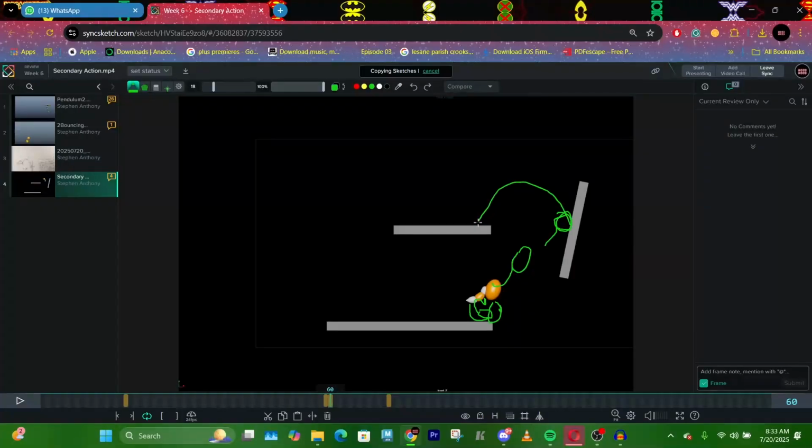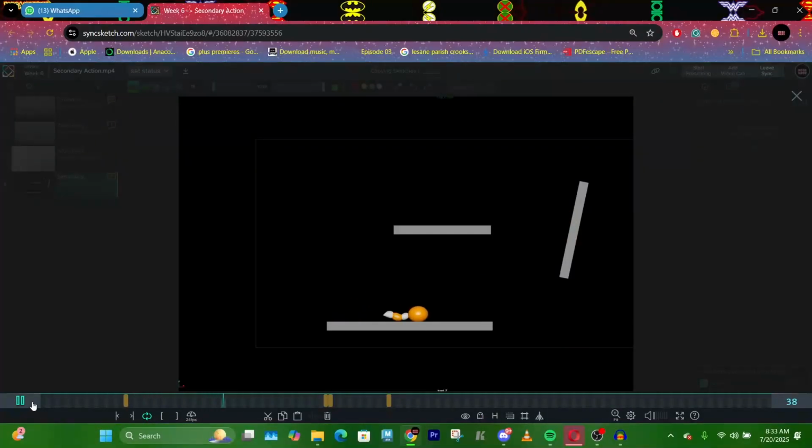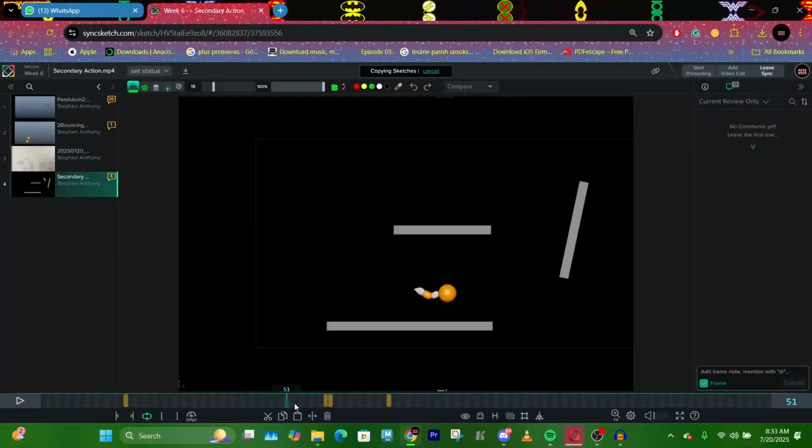So from here it can be fast. You should have contrast in your timing. What I mean is that if it is slow here, by the time it reaches here it should be super fast, because it's trying to get to this place and it requires a lot of effort. So from here it lands, boom, right? Then once it gets here, it can rest and anticipate, to prepare the audience for what they're about to see. Then it goes boom.